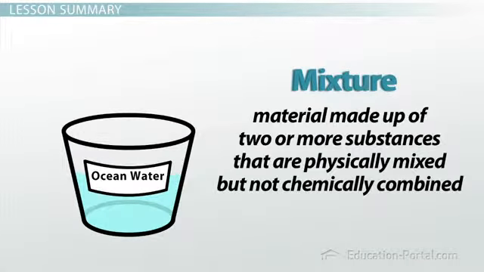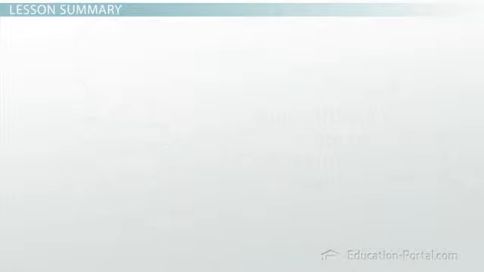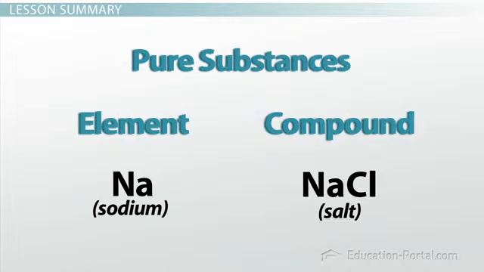Mixtures are made of two or more substances that are physically mixed and can be easily separated without changing what the substance is made of. Pure substances can be further divided into elements and compounds. Elements only consist of one type of atom, and if you chemically combine two elements, you will make a compound.